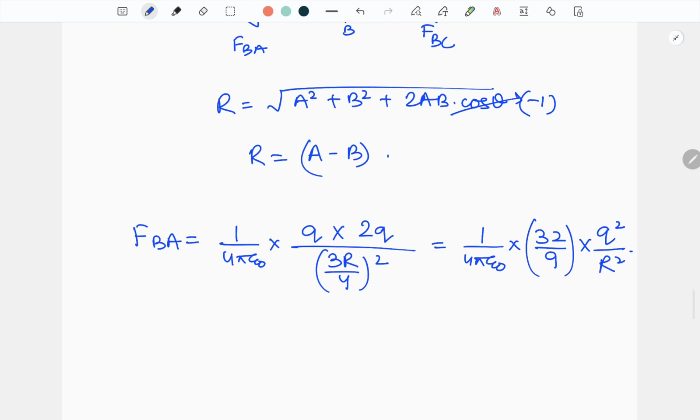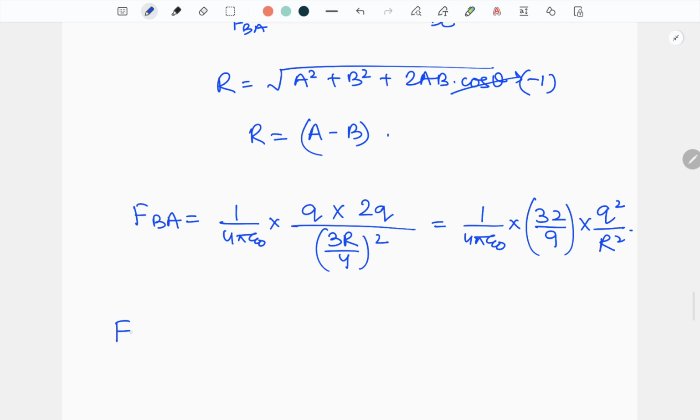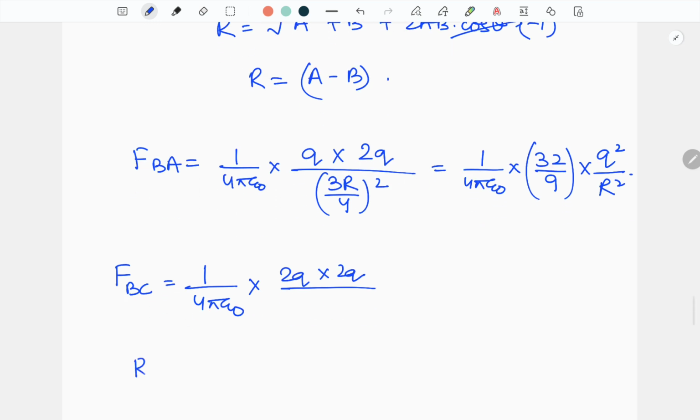Okay, and FBC becomes 1 by 4 pi epsilon naught, 2q multiplied by 2q divided by the distance between B and C, which is r minus 3r by 4, that is r by 4, so this becomes r by 4 whole square.